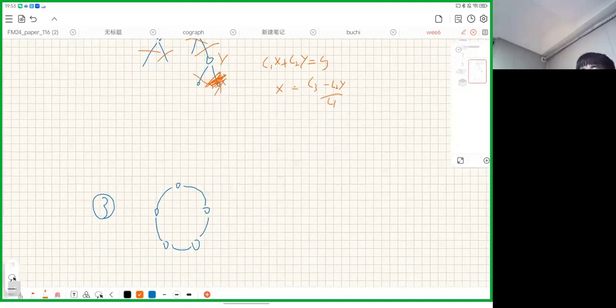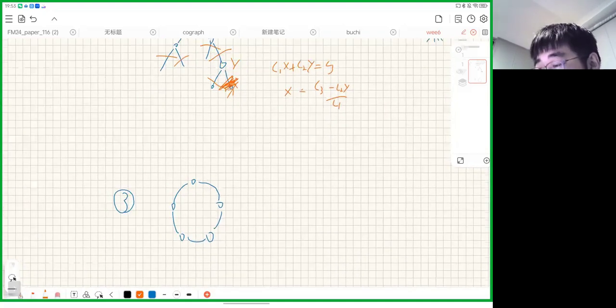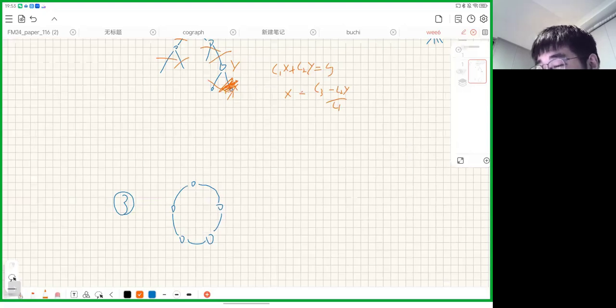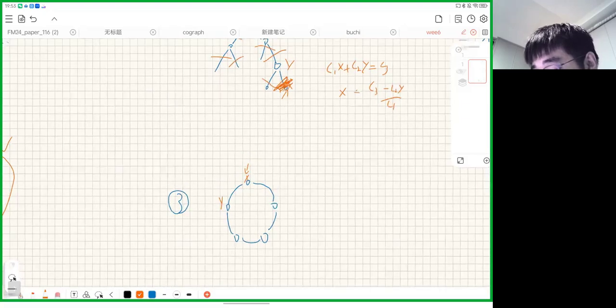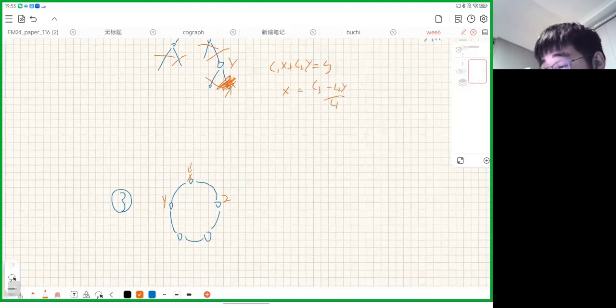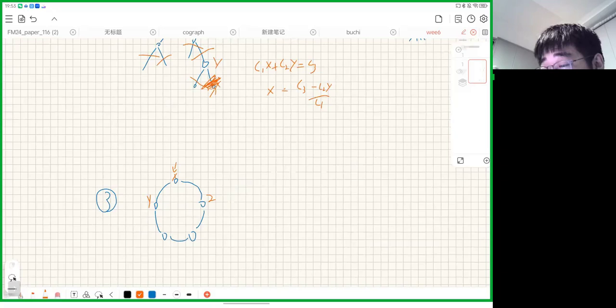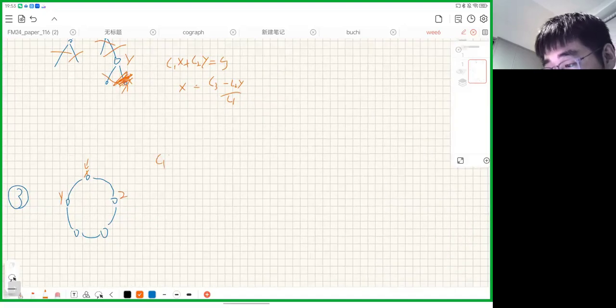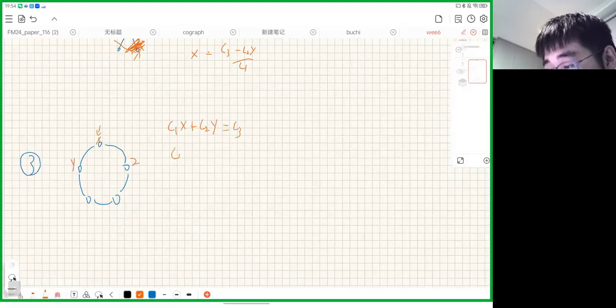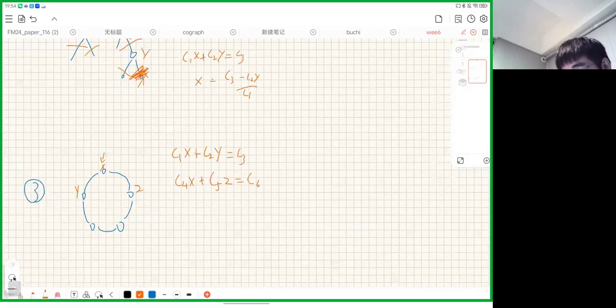Then consider a cycle. If the cycle has length more than 3, let's consider this vertex x, this is y, and this is z. As x is only connected to y, and there's no edge between y and z, we can have two equations, like c1 x plus c2 y equals c3, and c4 x plus c5 z equals c6.